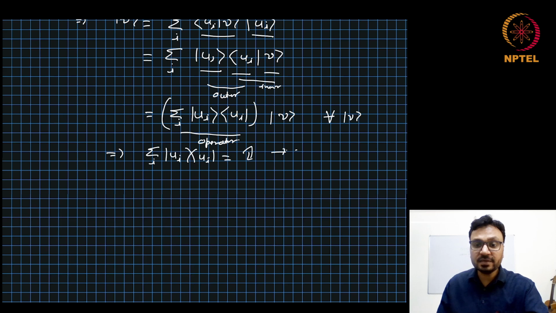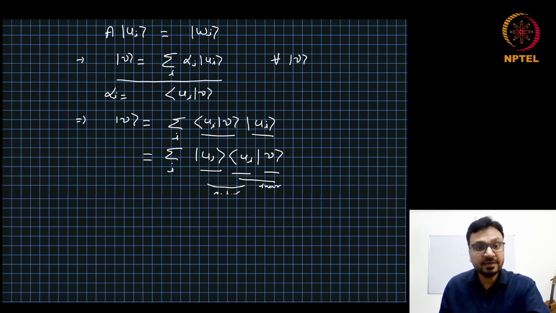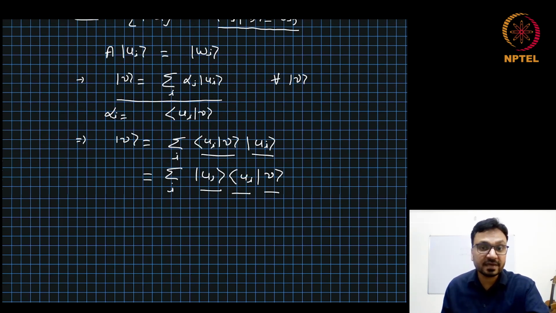This is called completeness. So if you can write every vector V as a sum of the orthonormal basis ui, then this outer product of ui summed over i should yield an identity operator. The identity operator is something which acts on a vector and gives you the same vector.